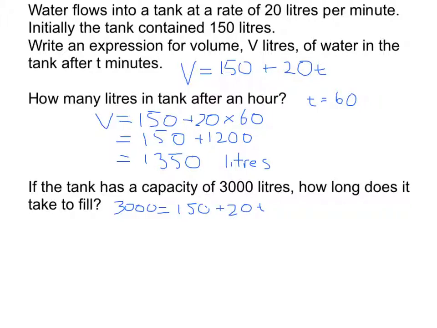We'll take away 150 from both sides, so that'll be 2,850 equals 20T. Divide both sides by 20 and we end up with 142.5.